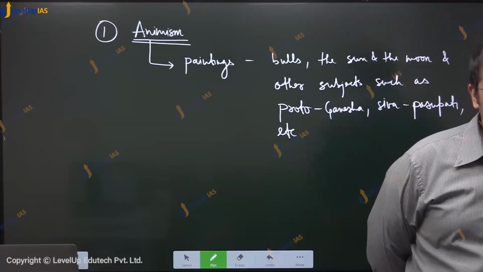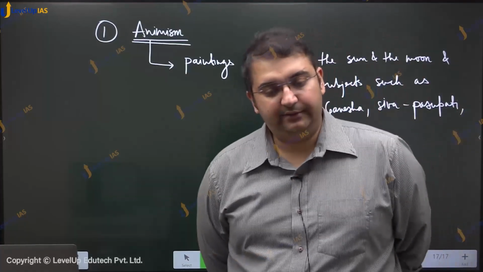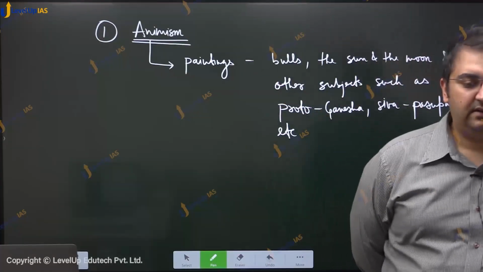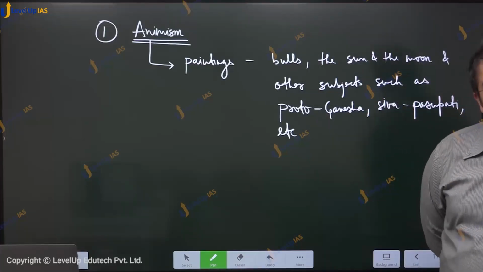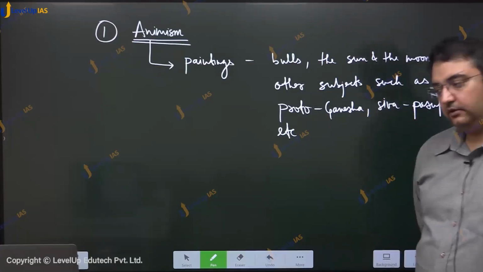Does this come as a shock to you, or was this expected? Why? Because the association of Chalcolithic people with animals had become deeper than ever before. Write down.